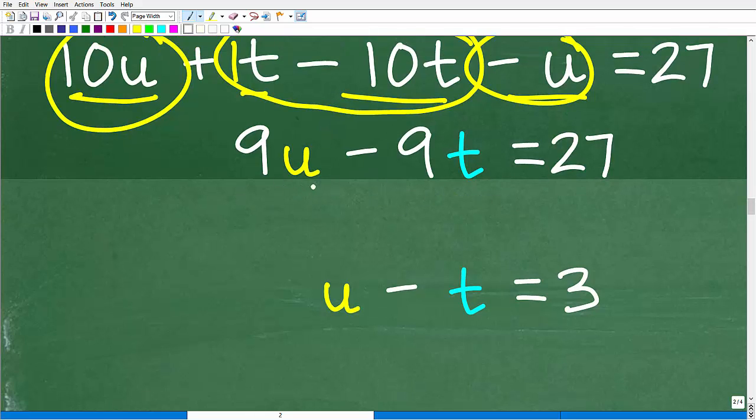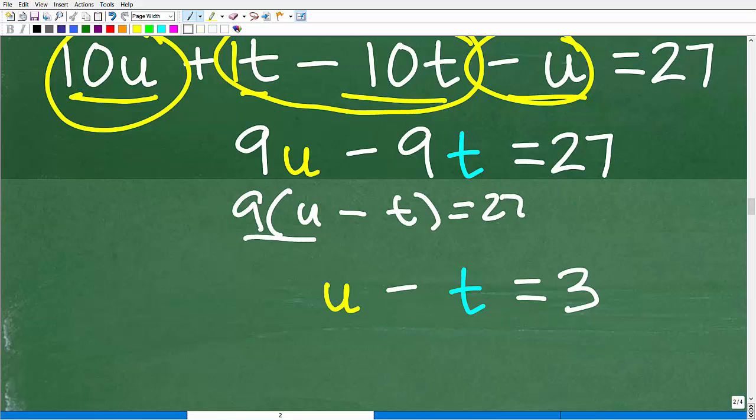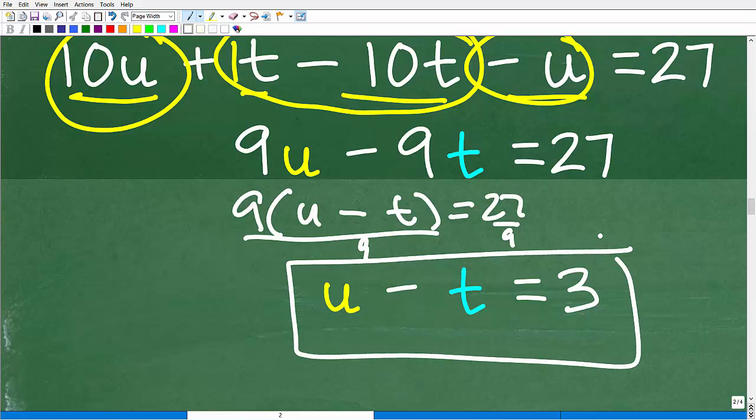Now at this stage, I can divide everything by 9, or you could factor out a 9 from the u minus t is equal to 27, and then you can divide both sides of the equation by 9. Either way, you're going to end up with u minus t is equal to 3. Okay, so a lot of work to get down to this point, but this is a nice simple equation, okay?